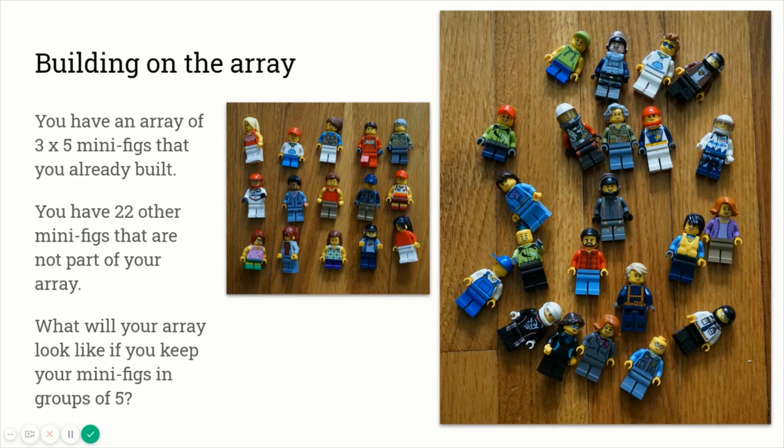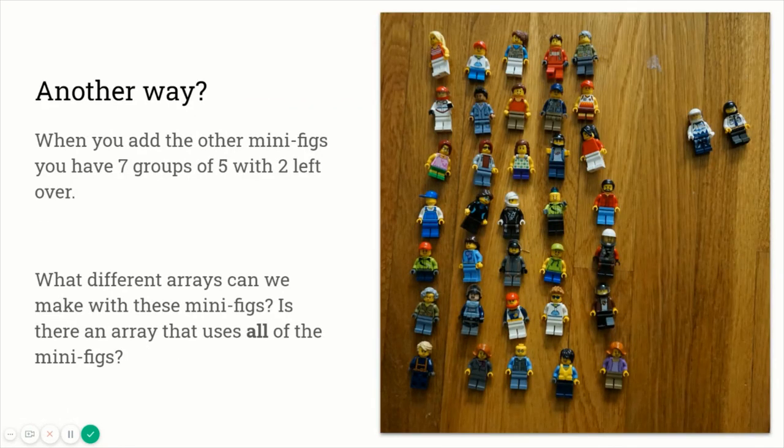And I have another collection of 22 other minifigs that are not part of the current array. So what will my array look like if I keep my minifigs in groups of 5 and add these 22 other minifigs to that array? So here we go. When I add the other minifigs, now I have 7 groups of 5 with 2 left over.